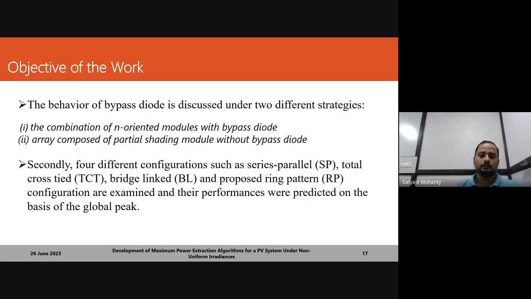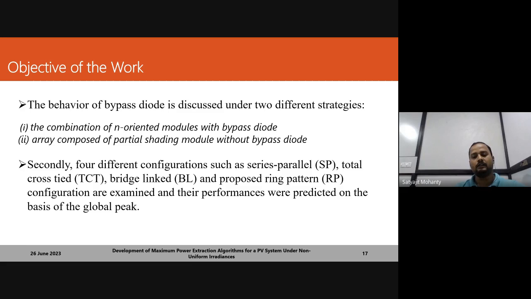We can have a set of modules or panels with bypass diodes or without bypass diodes. These two strategies can be implemented in conventional techniques like series parallel, TCT, which is total cross tied, then bridge link, followed by the technique I proposed, the ring pattern.